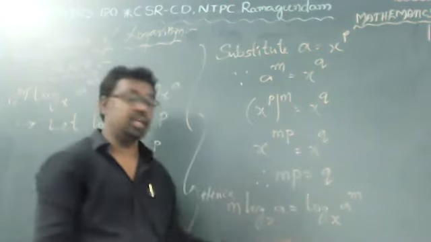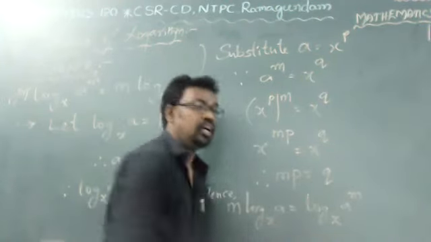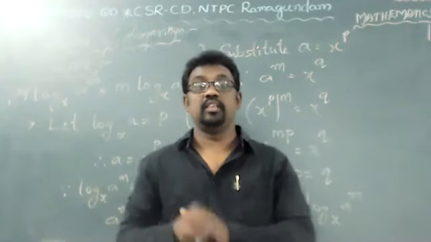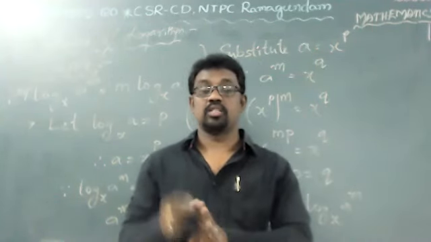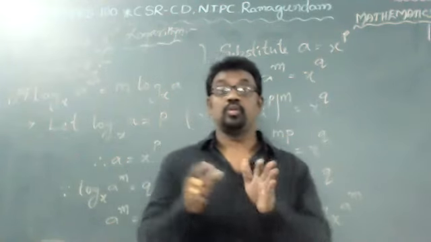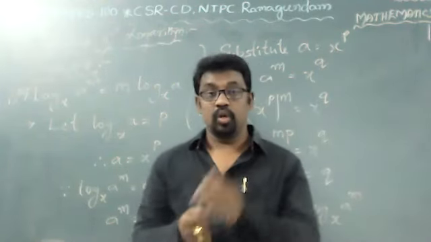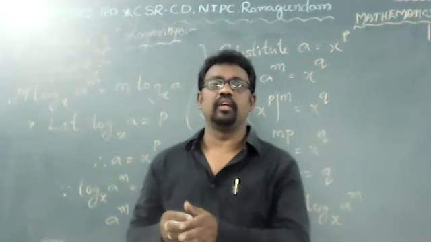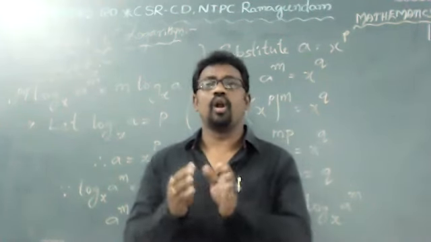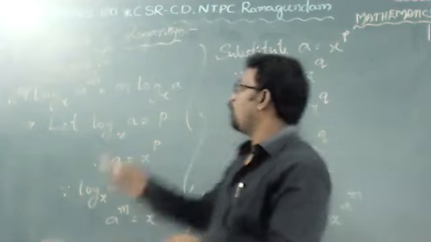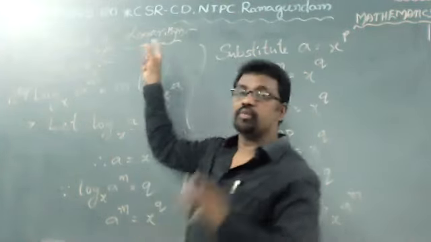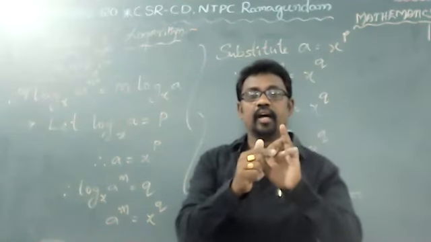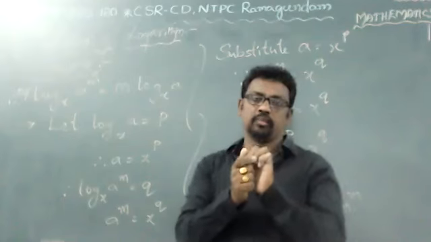These are the three important derivations in logarithms. If you are perfect in these three laws or properties, you can do maximum solutions, because all the questions we have in the fifth exercise are simplification with the help of properties of logarithms, which are product, quotient, and power of logarithms.